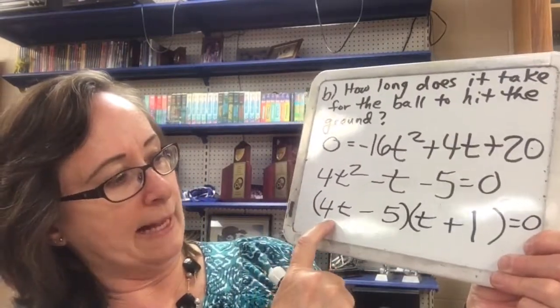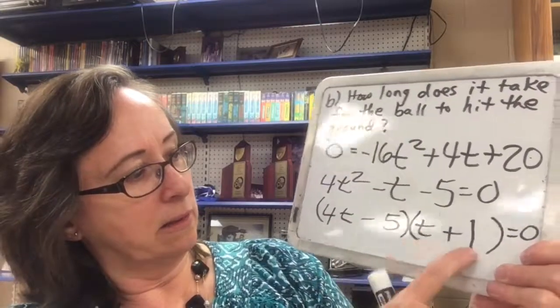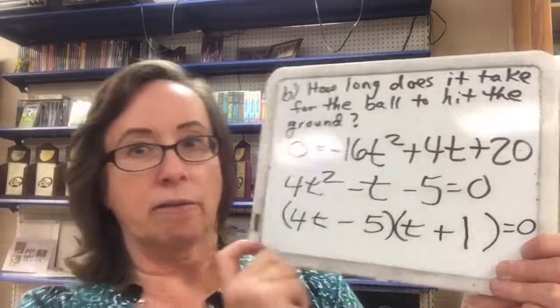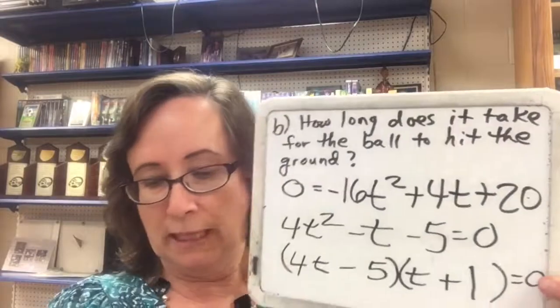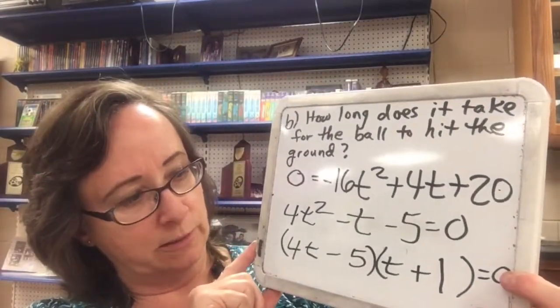When I FOIL, that works. So these were factorable, even though they were in the quadratic formula section.